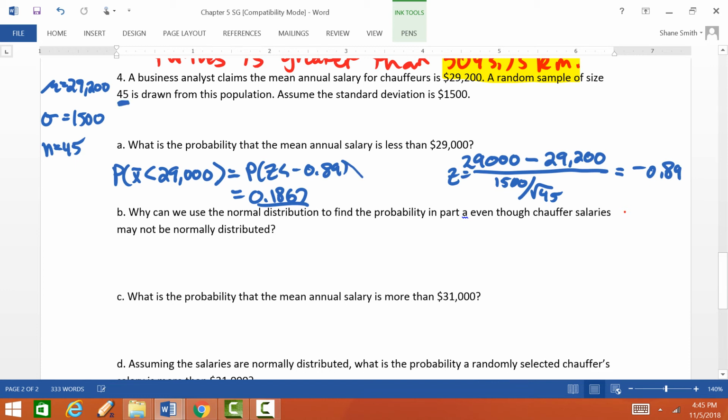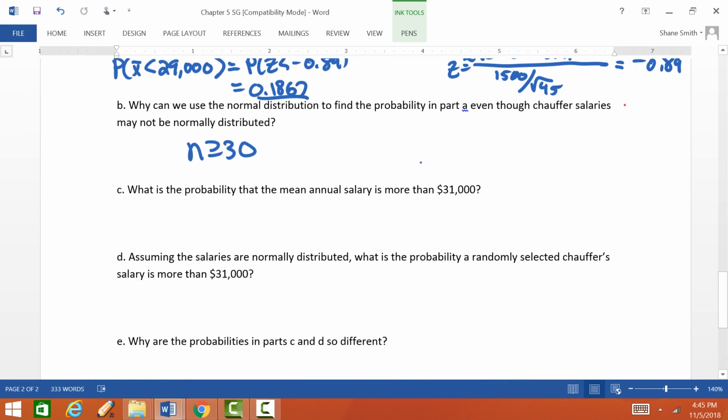Well, my sample size is 45, which is much larger than 30. So basically, n is greater than or equal to 30 is all we have to write. If your sample size is greater than or equal to 30, we learned that the central limit theorem says we have data that's approximately normal. So that's why we can use that.